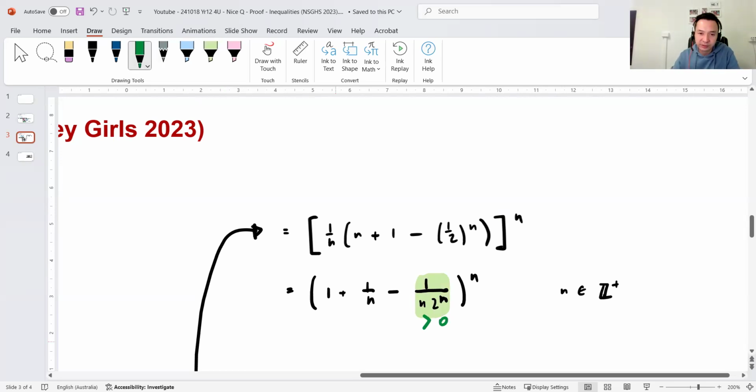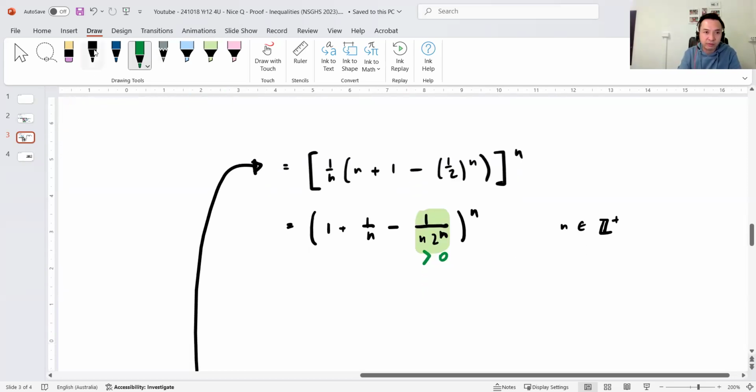Because this guy's greater than 0 and I'm minusing it, this whole expression has to be less than 1 plus 1 on n to the power of n, which I know is less than e from part A. And then I'm done, right?